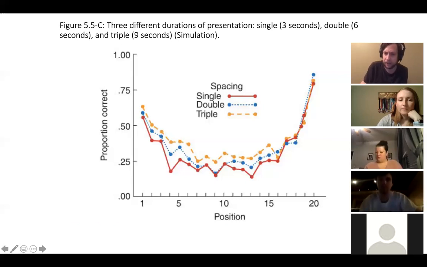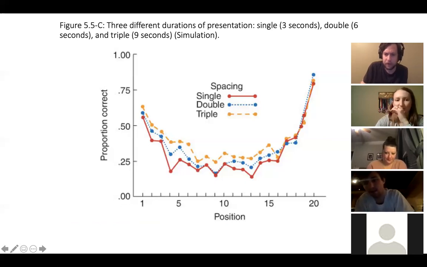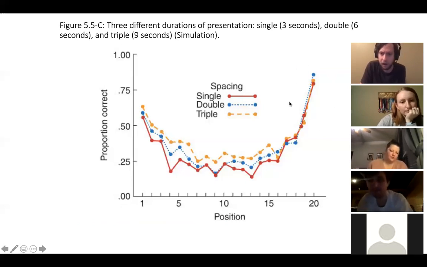What are you seeing in the graph? That is true. All three of the lines are relatively similar, at the end. That's the crucial thing. Looking at these lines right here, you can see that they're all overlapping.